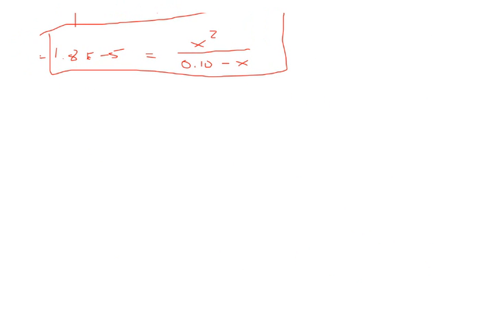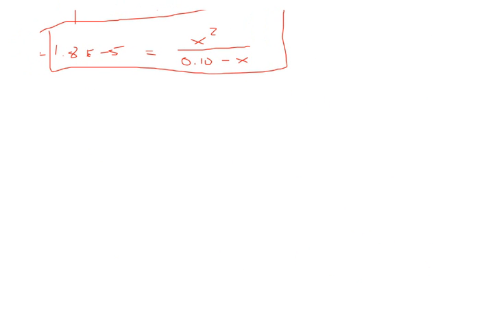All right, how are we going to have to solve this? Math. What do? How do you do anything with fractions? You need common denominators, and if you have that, you need to cross multiply. So this denominator down here, I'm going to cross multiply it up over here, which means I'm going to get 1.8 times 10 to the minus 5 times 0.10, and then I'm going to subtract 1.8 times 10 to the minus 5x, and that'll all equal x squared.